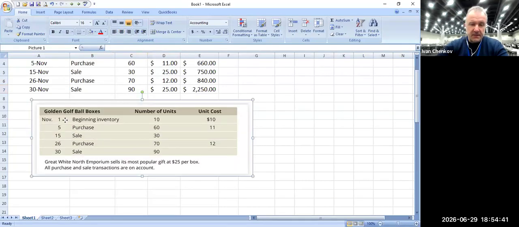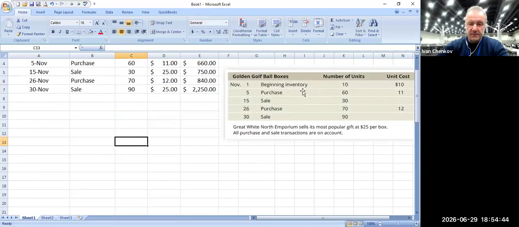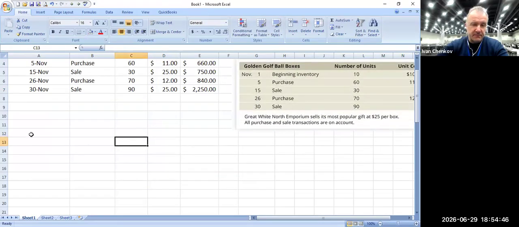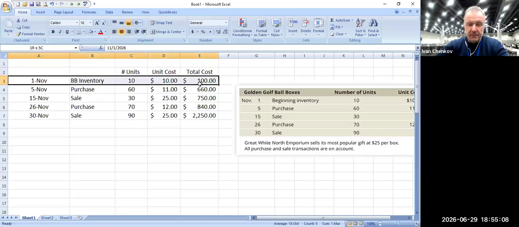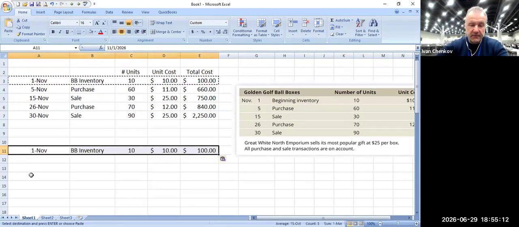Now the first method we're going to use is first in, first out. That means every time we have a sale, we have to adjust the inventory balance and see which ones we sold and which ones are left. Usually the last one purchased is going to be left in our inventory. So let's go. First, we have November, that's our beginning balance for the inventory.